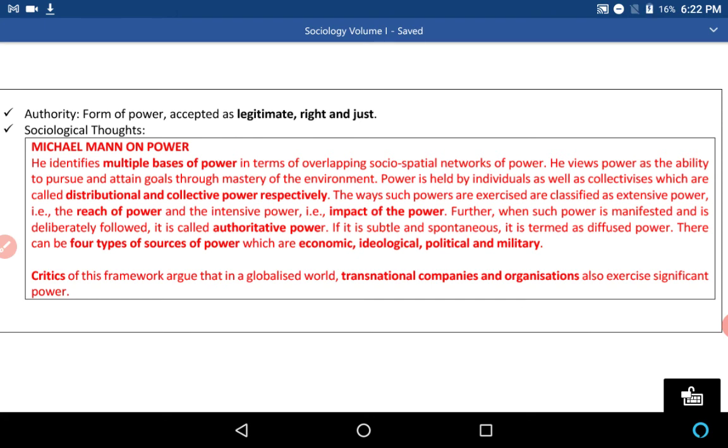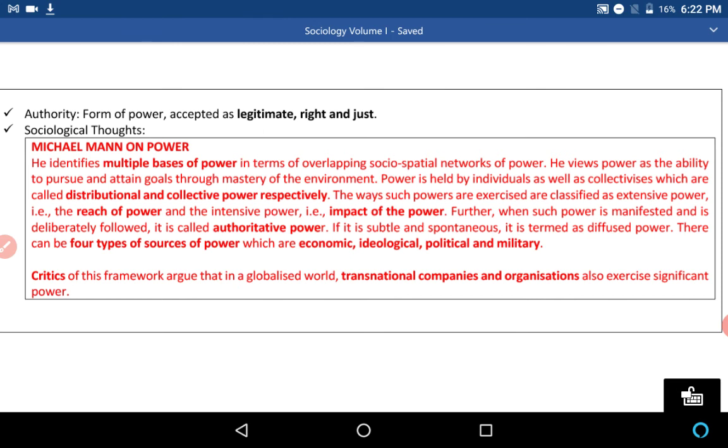So he also classifies power as extensive power and intensive power. Extensive power is about whenever you take a decision, what is the range, or how many individuals get impacted by it.